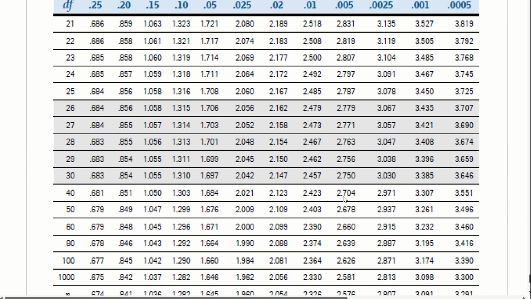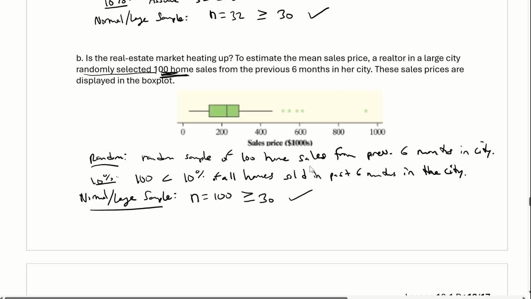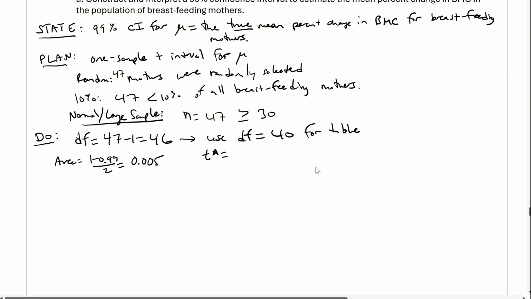Okay, so 2.704. We got 2.704. All right, I'm going to put here table B. Table B is the t distribution table.